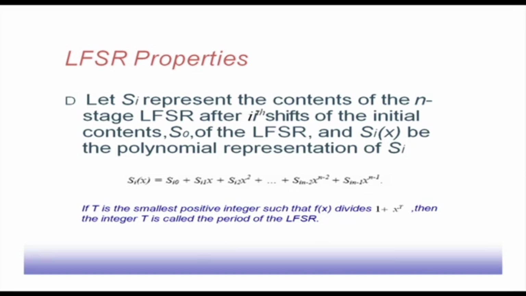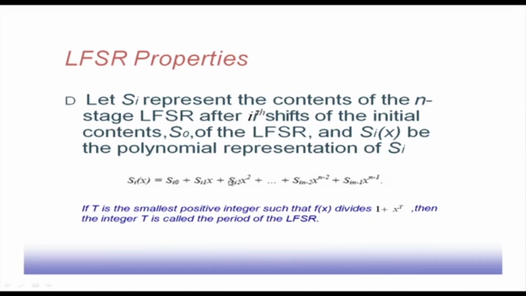The content of the LFSR at any point of time can be represented by SI. So, SI x is the polynomial representation of SI. This is given by SI 0 plus SI 1 x plus SI 2 x square. These are basically the contents of the values at various points, and if the value has to be considered, then this term will be 1.